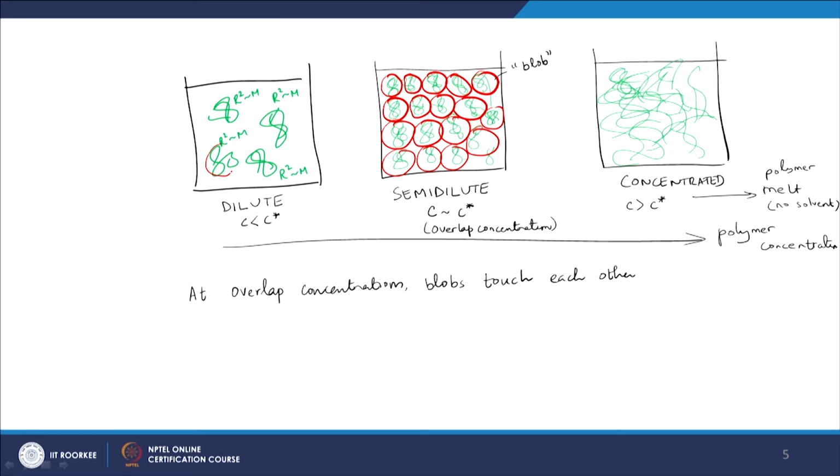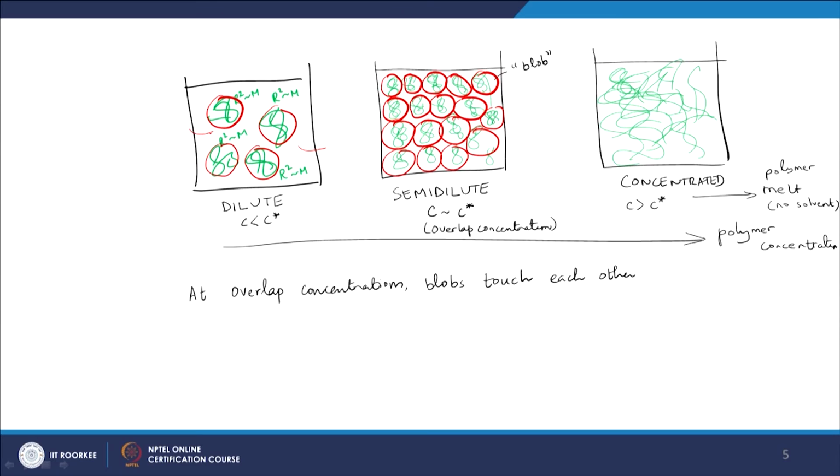So, let us say if I also think of putting a blob here, then for the dilute case we can see that inside the blobs the concentrations will be higher, but if I look at say here or here, any other vacant space, concentrations are very small. But once we go to the semi dilute regime, then the blobs occupy the entire beaker, there is no vacant space left.